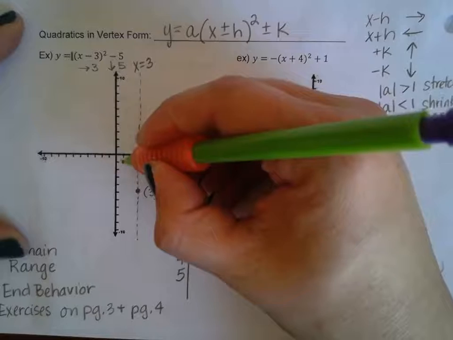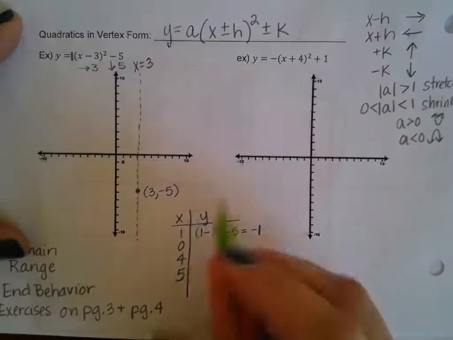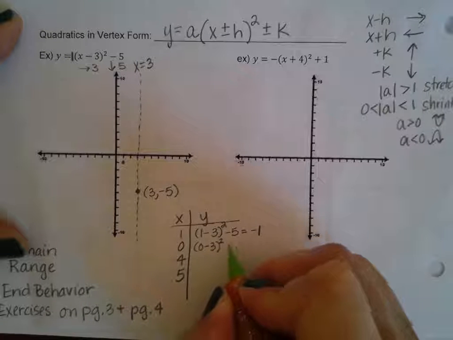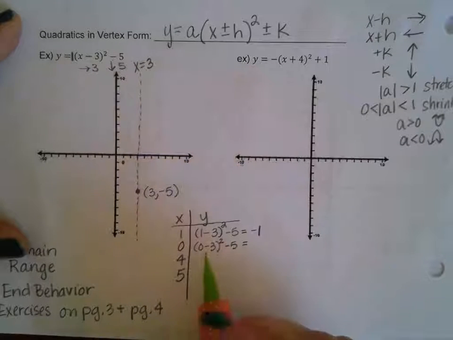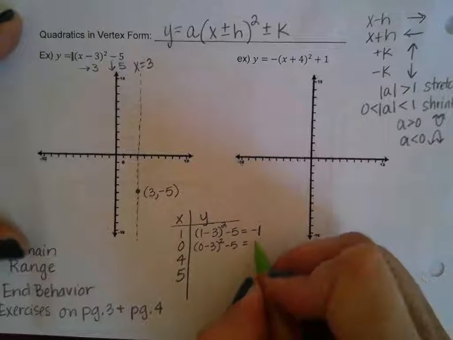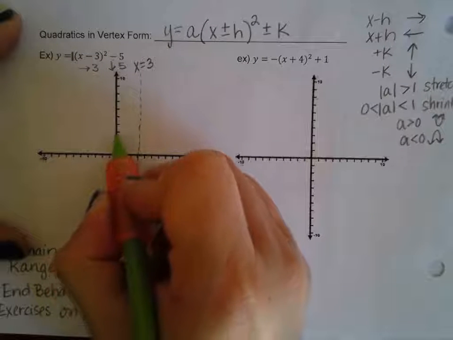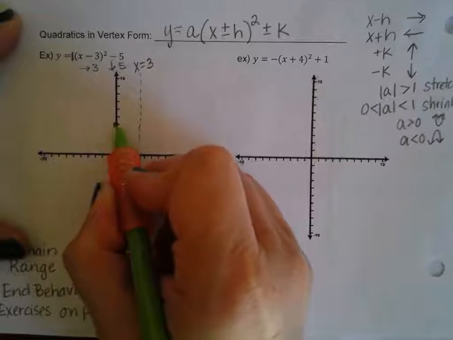So we'll have a point right here. For 0, it's going to be (0 minus 3) squared minus 5. Well, this will be negative 3 squared, which is 9. 9 minus 5 is 4. So (0, 4), 1, 2, 3, 4.